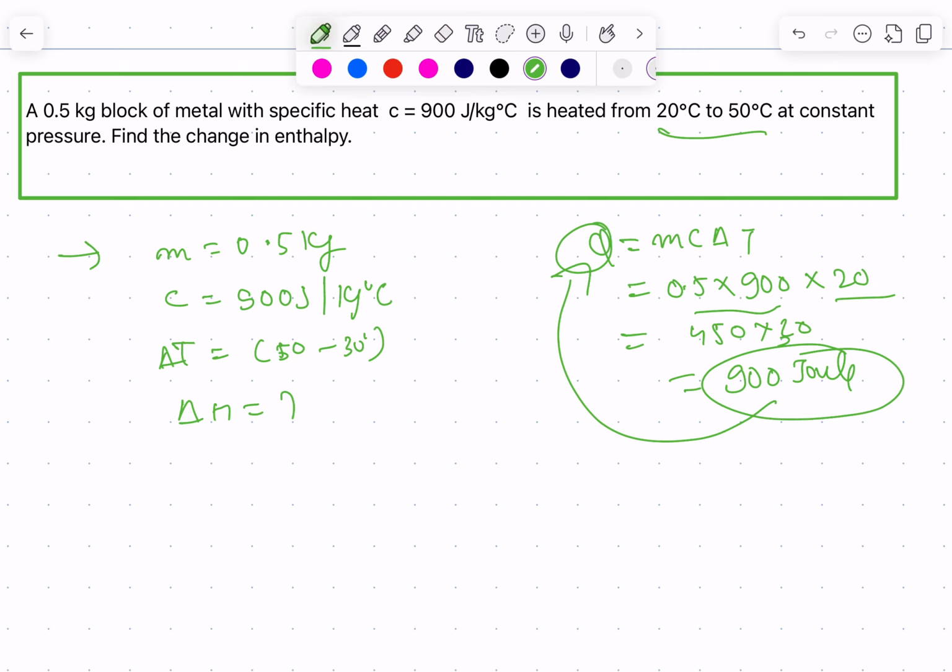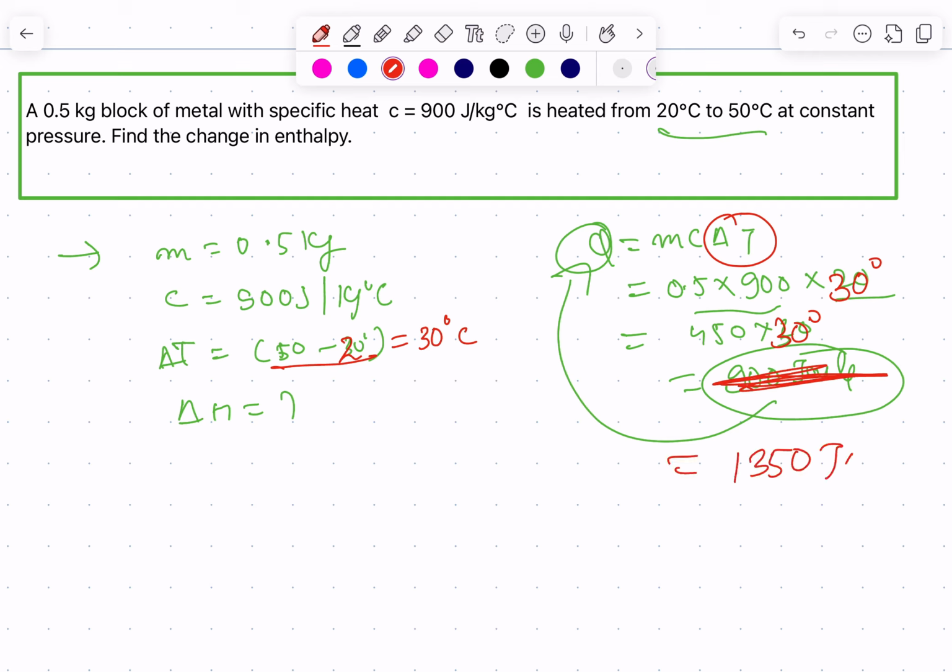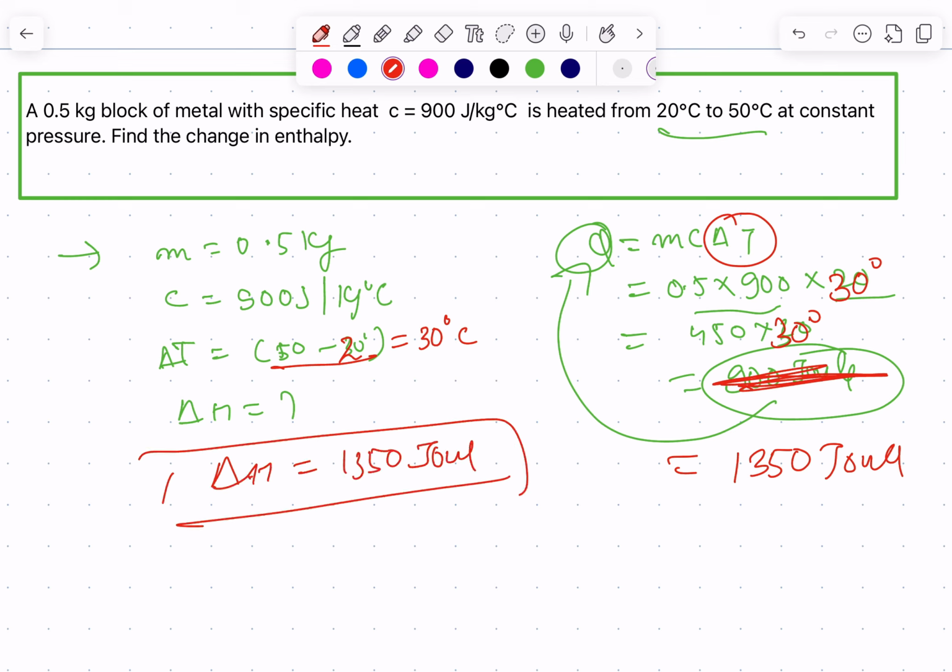Yes, exactly, it is not 20, it is 30, because 50 minus 20 is 30 degrees Celsius, sorry. What is the answer? 1350, yes. Okay, very good. So delta H is 1350 joule. Yeah, small mistake.